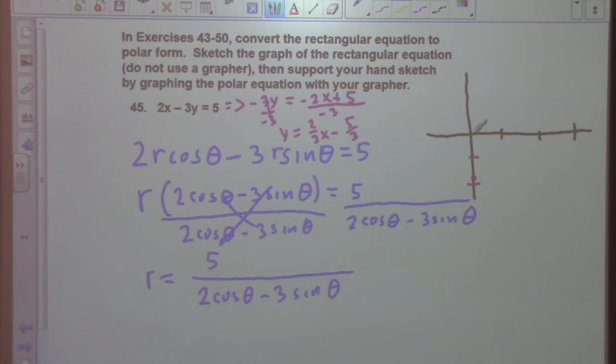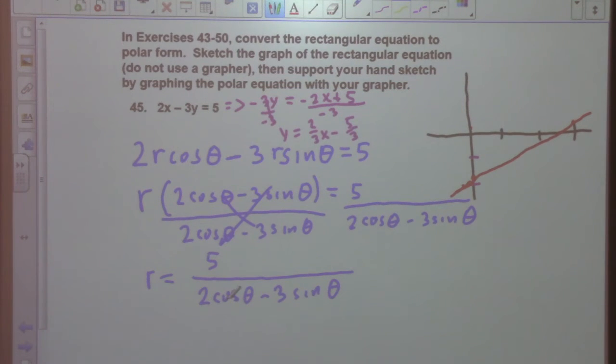So up 2 and right 3. And so we're going to look something like this. So is that what our graph should look like? Yeah. So let's go graph this in the calculator.